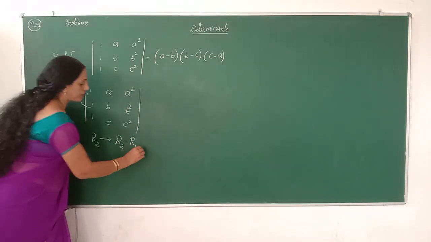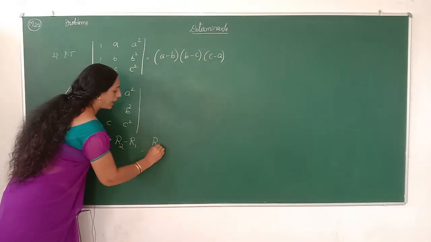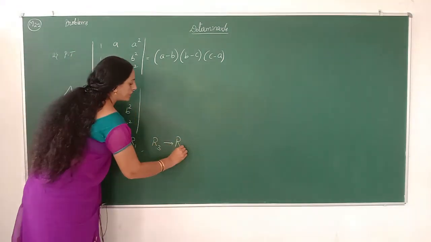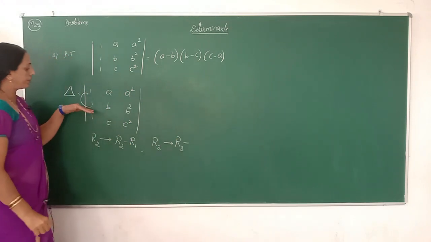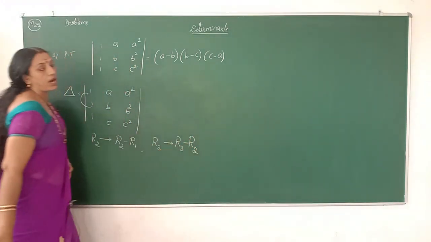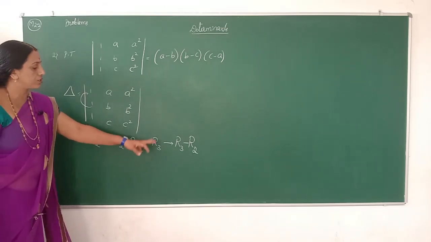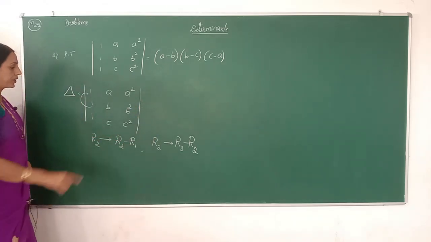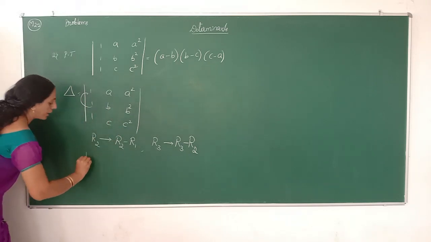Similarly, the third row is also operated. R3 changes to R3 minus either R1 or R2. Now we will subtract in terms of R2.